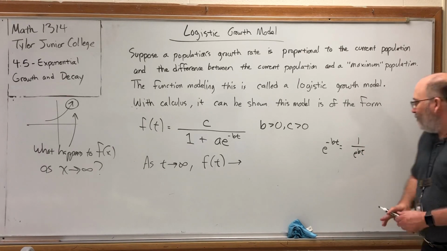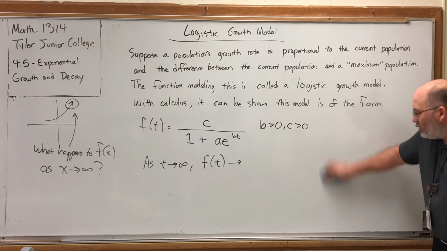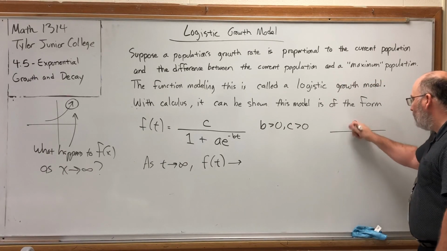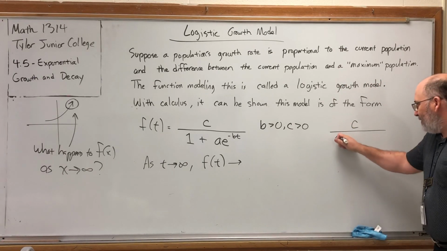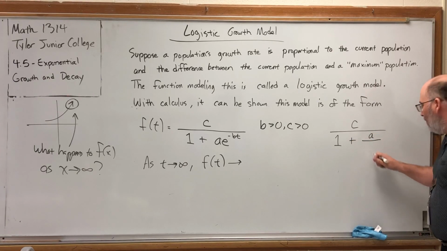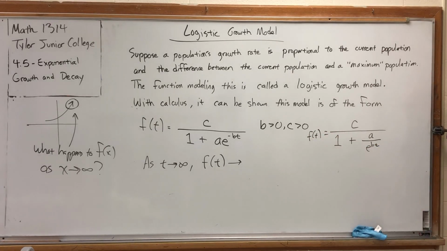So e to the negative bt is the same as 1 over e to the bt. If we incorporated that into the logistic growth function, we would get c over 1 plus a over e to the bt. This is the same function. All I did was write what the negative exponent would do.